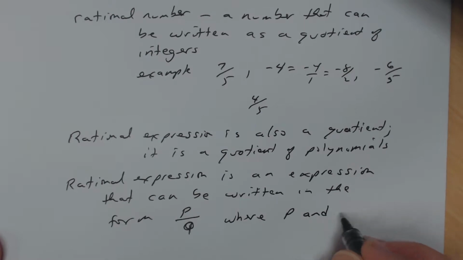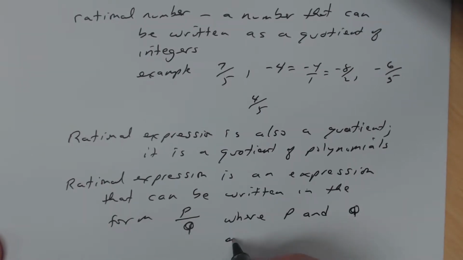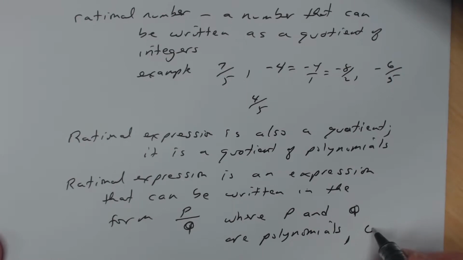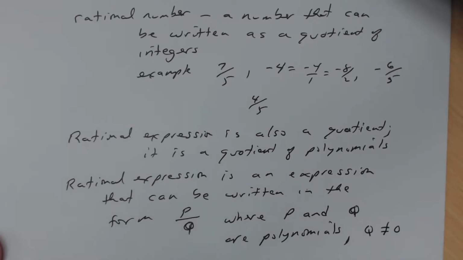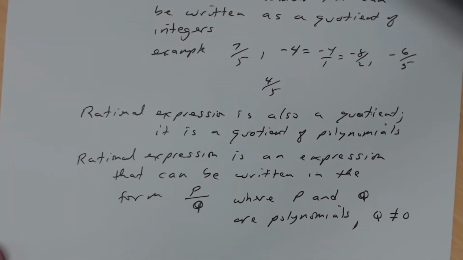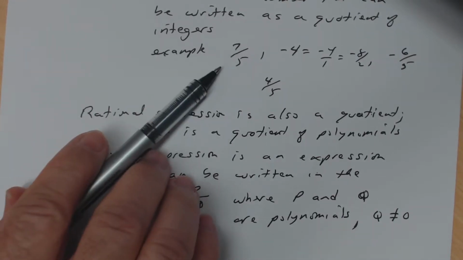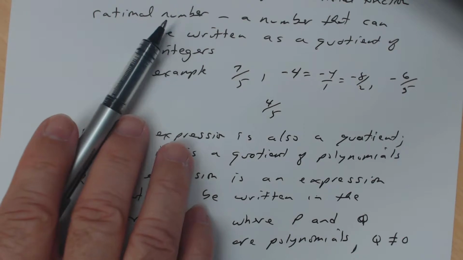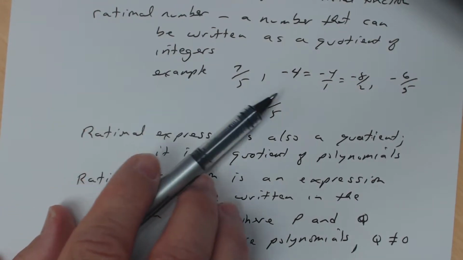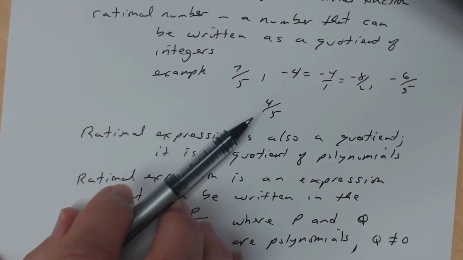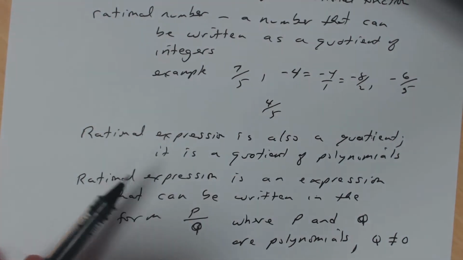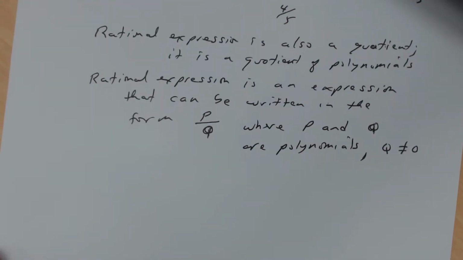And one notation is that Q cannot equal 0. Remember, in a rational number or expression, you can never divide by 0. So your denominator cannot be 0. That's all that's saying.